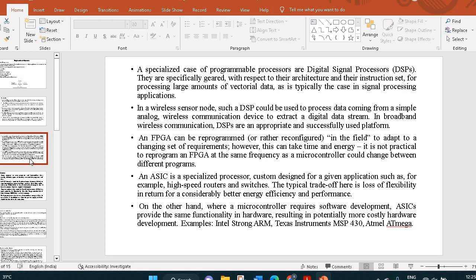On the other hand, where a microcontroller requires software development, ASICs provide the same functionality in hardware, resulting in potentially more costly hardware development. Example, Intel StrongARM, Texas Instruments MSP430, Atmel ATmega.